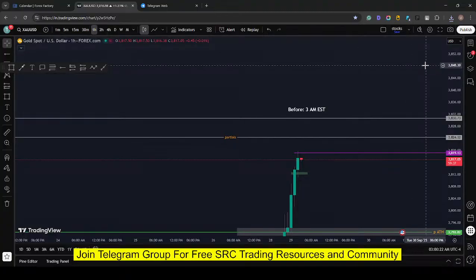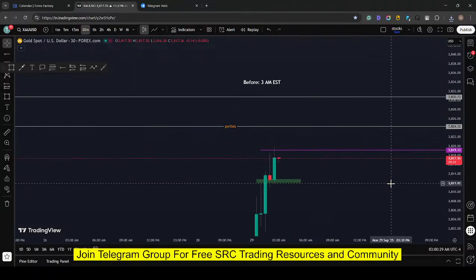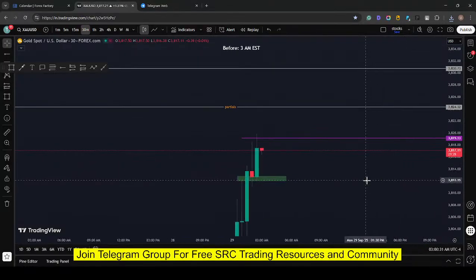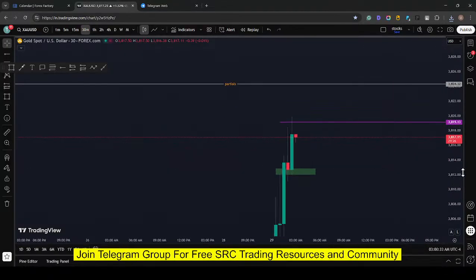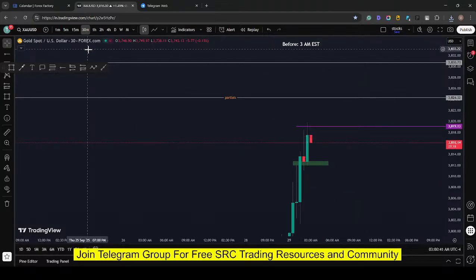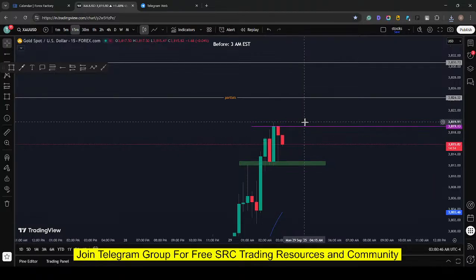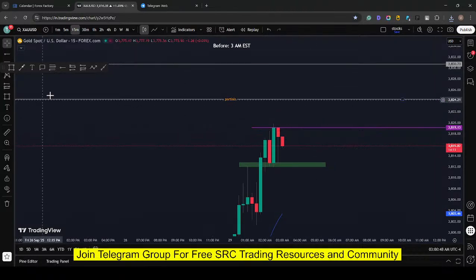Candle has created a strong support, right? Strong support on 30-minute time frame. Good. If you give us a good lower wick, then we'll look for impulse right there.